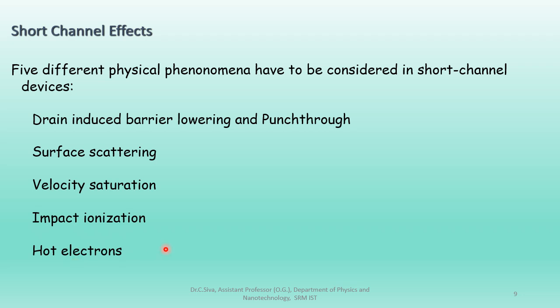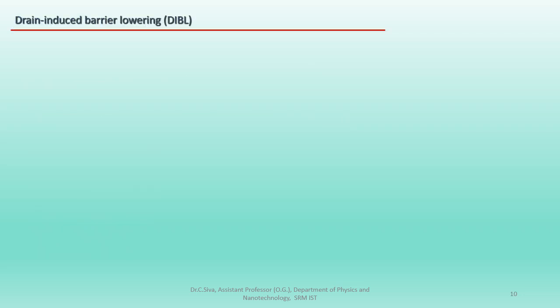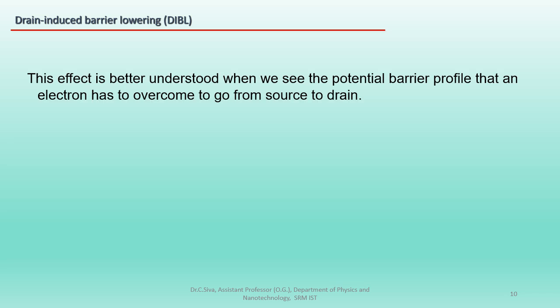These effects define modern scaling limits. Once we build any device at the nanoscale or beyond, these are the major things affecting the device, so we need to be very cautious while we design new circuits. Drain induced barrier lowering.